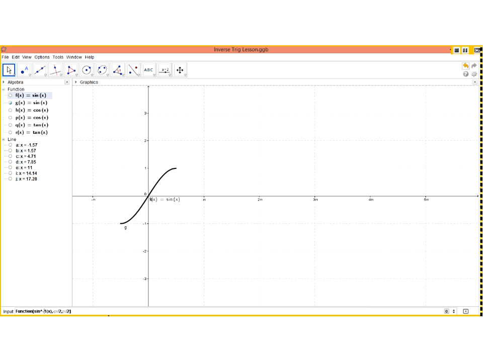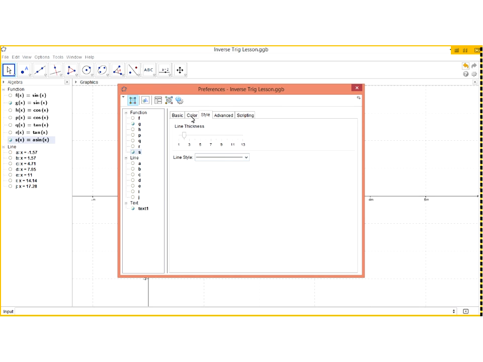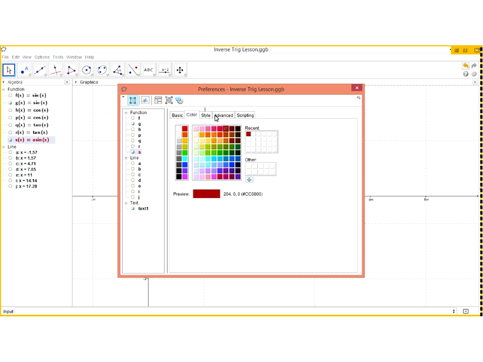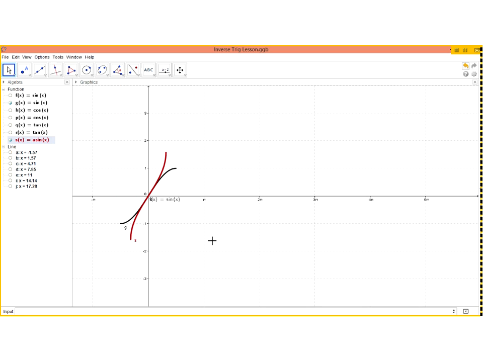Let's try again. Okay, so sometimes you'll see on a calculator or some website sin⁻¹, and it means arcsine. And there you see the arcsine. Let me change its color. Okay, so that's my inverse sine.